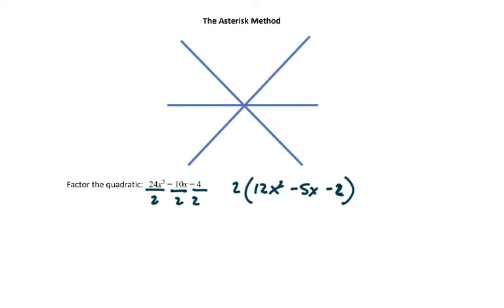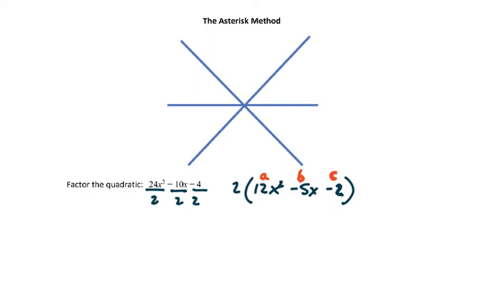And we know from the past that the number in front of x squared is a, in front of x is b, and the constant is c for constant. And that's going to be important because what we're doing with the asterisk method is we're going to put these numbers into a formula that's going to help us figure out what the numbers would be on the two multiplied factors.